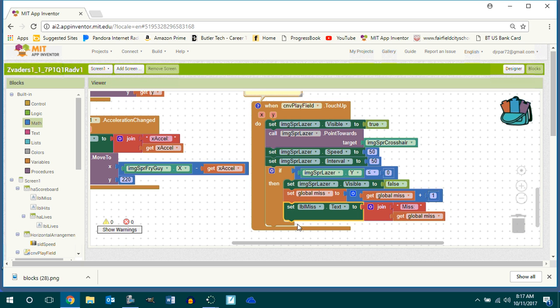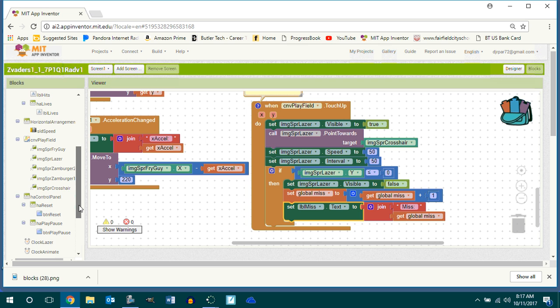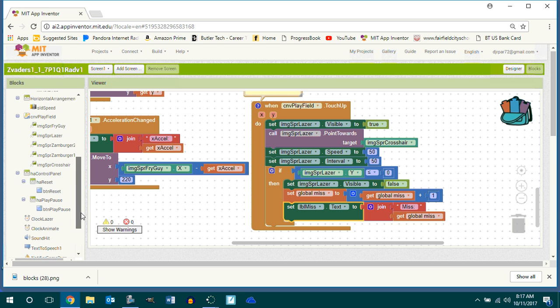Okay. What happens to the laser? Where does the laser go? It's got to go back to, yeah, it's got to go back to where you're shooting it from. So I want to go ahead and set my laser.